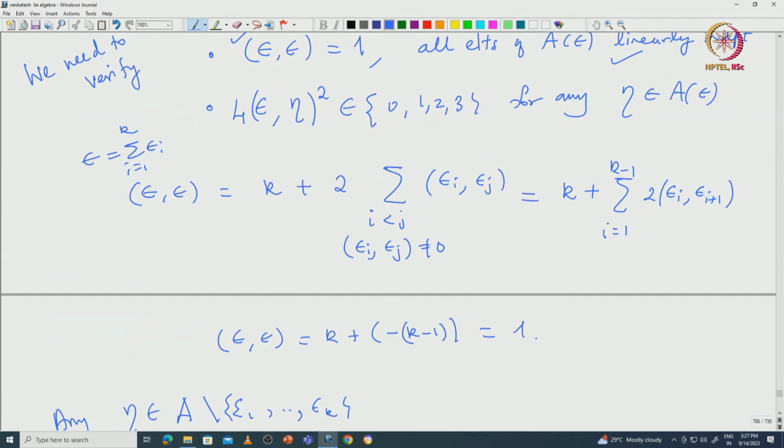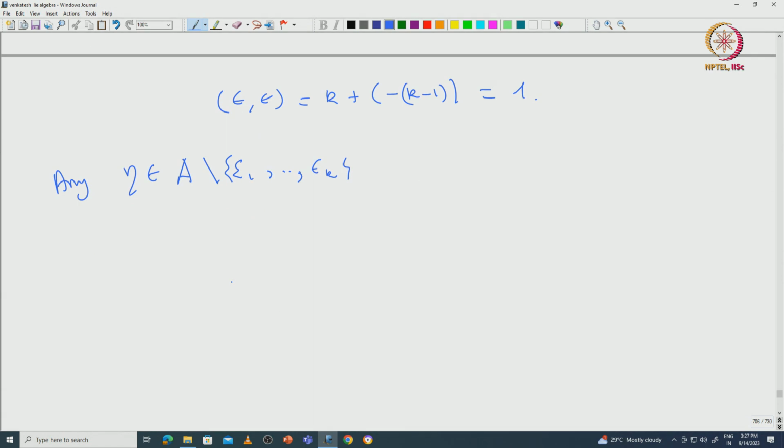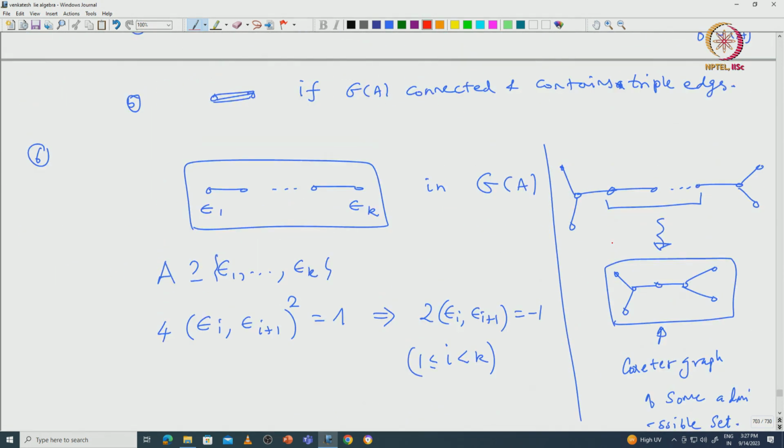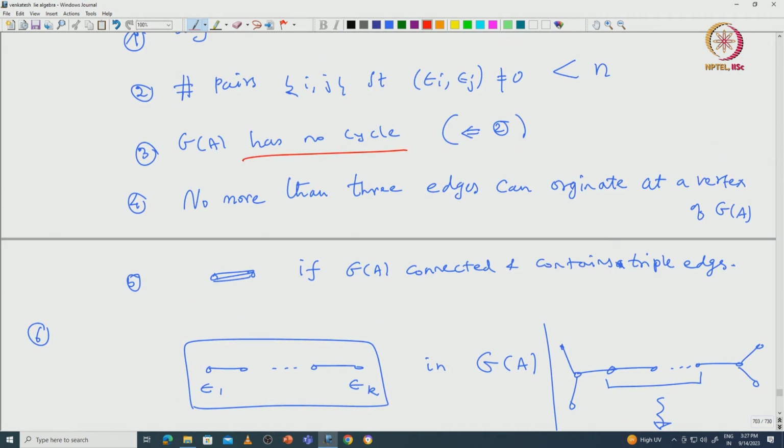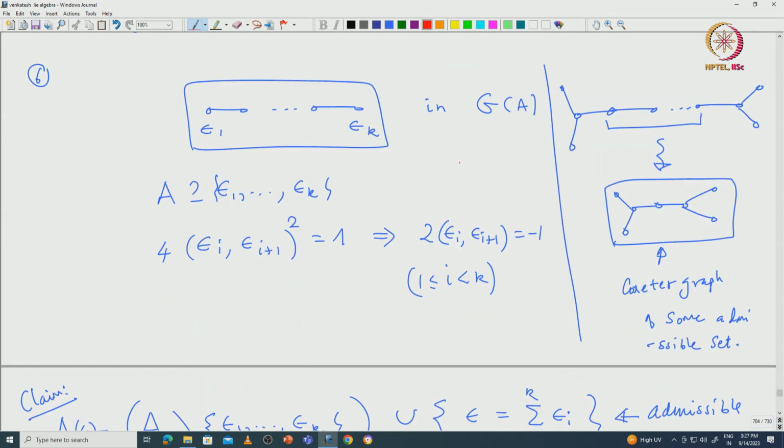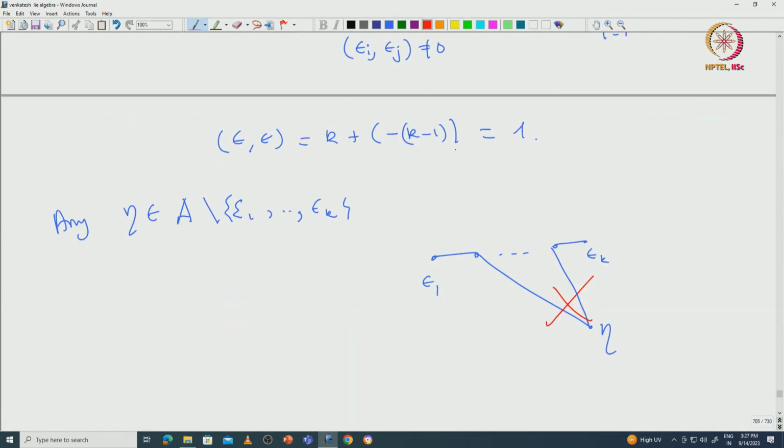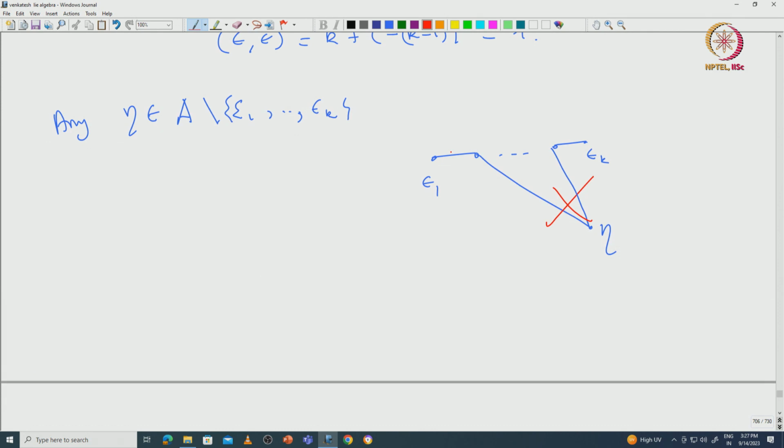That is because this eta is coming from somewhere outside. If eta connects with two of them, then that will make a cycle. That is forbidden, because we already observed that G of A cannot have any cycle. So this can be connected with at most one epsilon i.